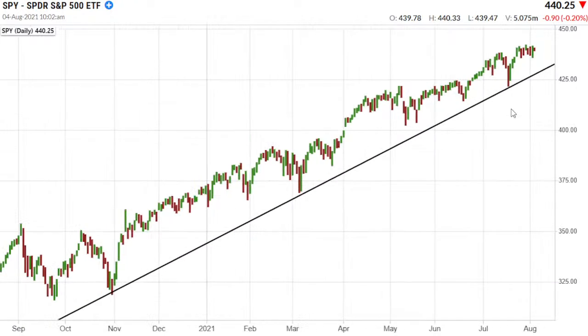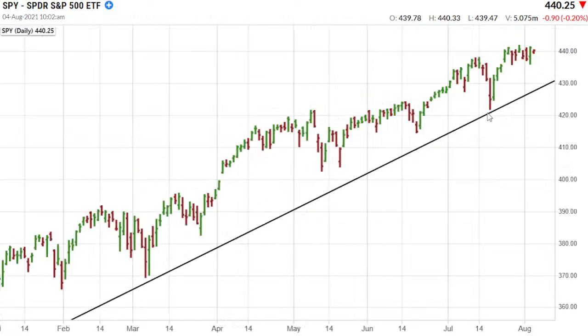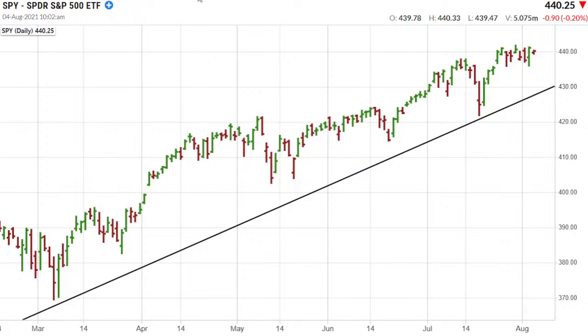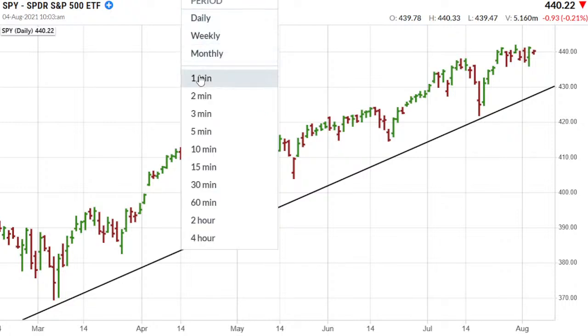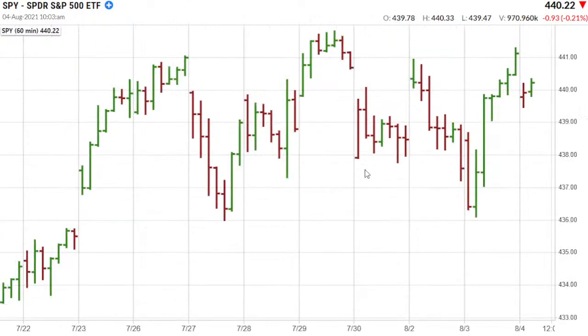Recently, a few weeks back in mid-July, we came down with a couple of big down days and retested the trend line. If I move it up a little bit, you see. But the strangest thing right now, in my opinion, is this. Go to an hourly chart.